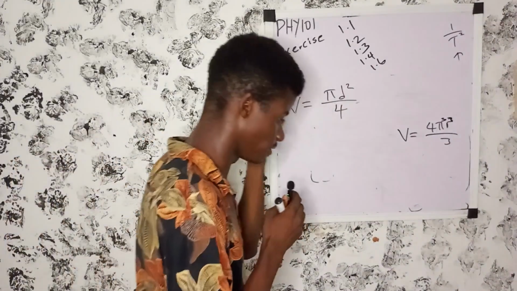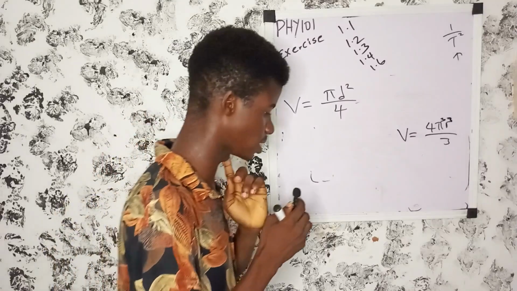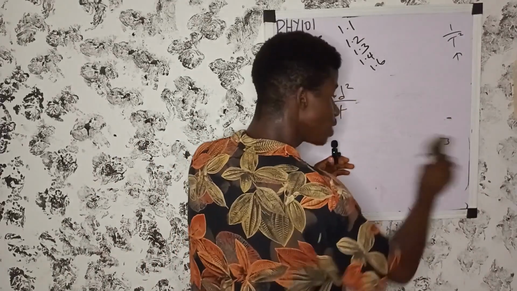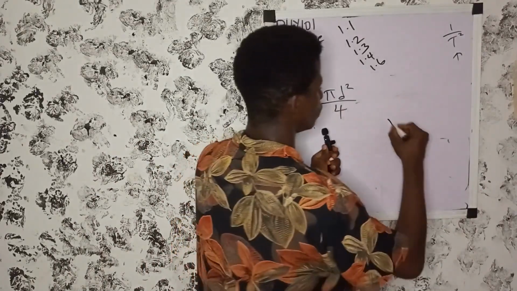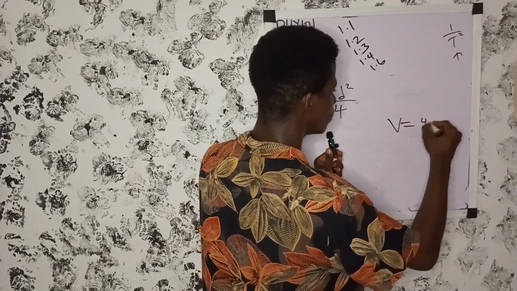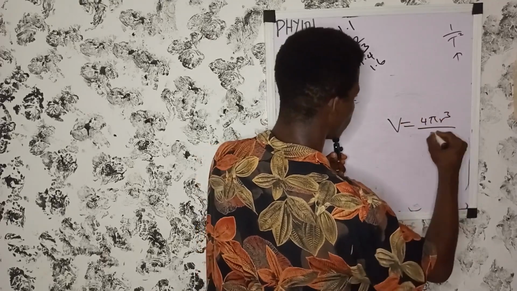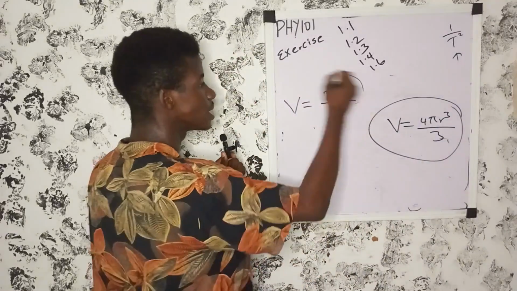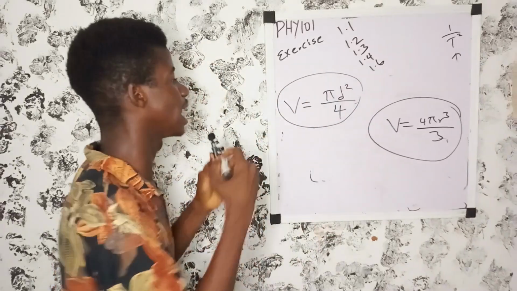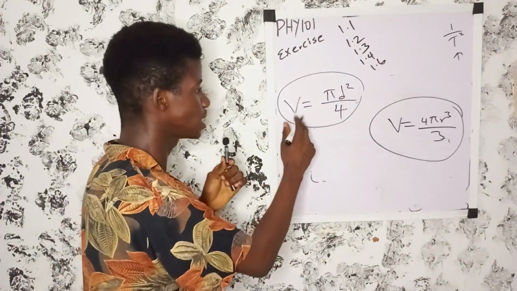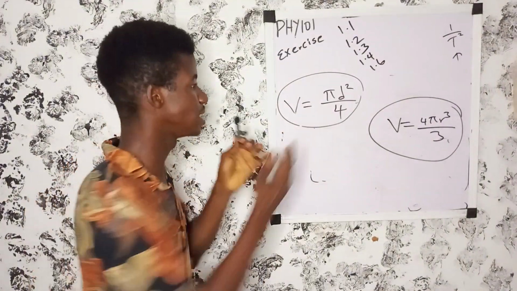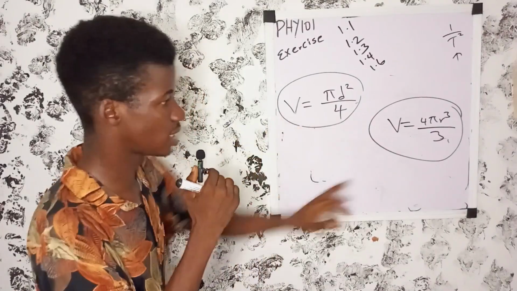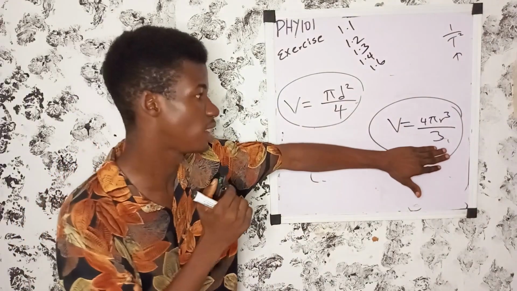The actual volume of a sphere is V equals 4 pi r cube all over 3. So this is the actual volume of a sphere, and they brought another equation out. They're asking us, is this correct? Is this the volume of a sphere?